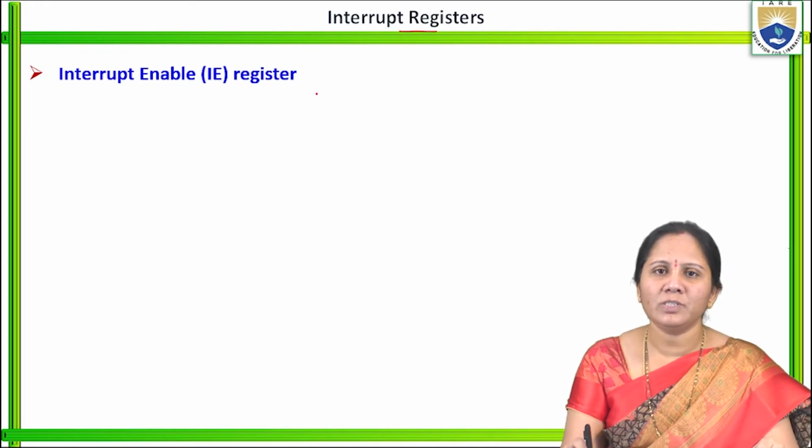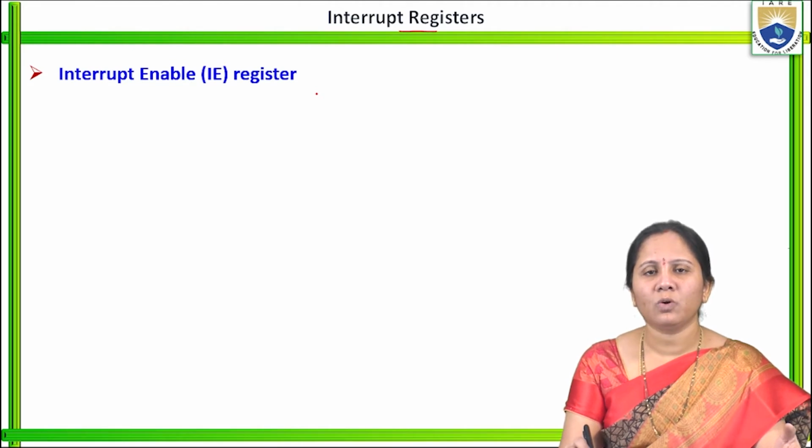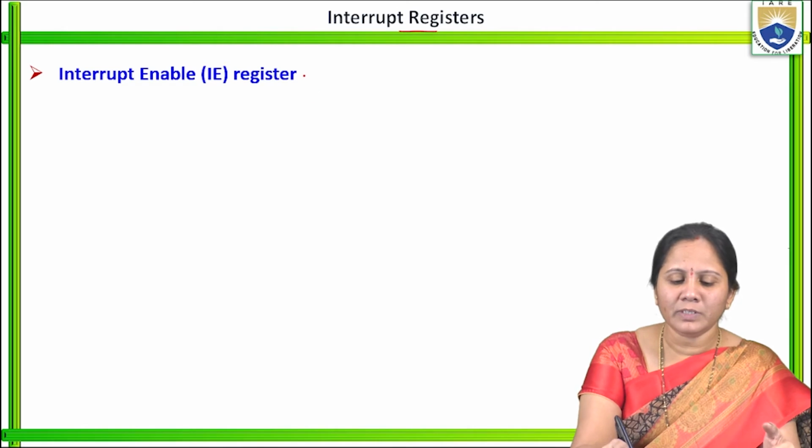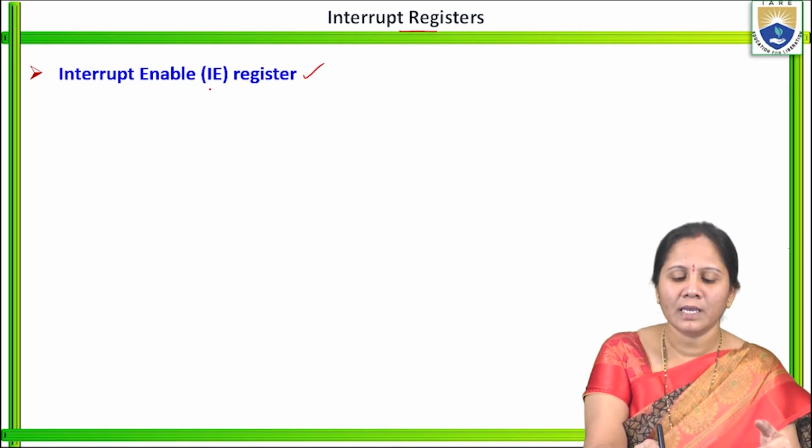One is the IE register, that is the interrupt enable register, which is used to enable a particular interrupt. And another register is the IP register, which is called the interrupt priority register. That register is used to set the priorities of the interrupts. Here, if you see this interrupt enable register, you can represent it as the IE register.